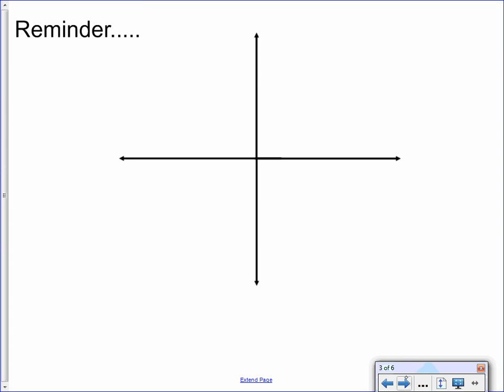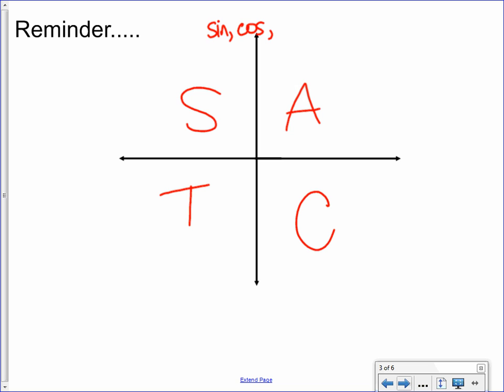All right. Remember this. What's your acronym to remember it by? All students take calculus. So what does it mean? Sine, cosine, and tangent, these are our positive trig functions.